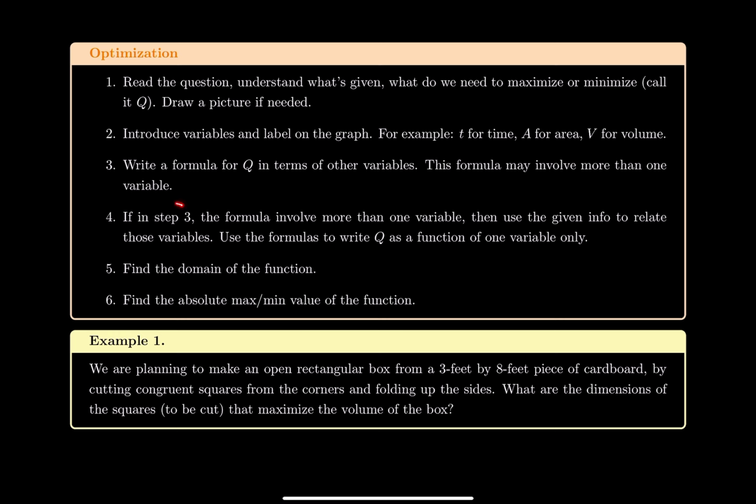If in step 3, the formula involves more than one variable, which is what most likely is gonna happen, then you should use the given information to relate those variables together. So instead of just one equation or one formula for Q, you might have another equation for the other variables, so let's say x, y, or something like y equals another function of x.